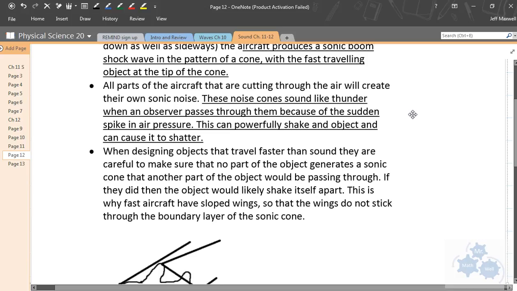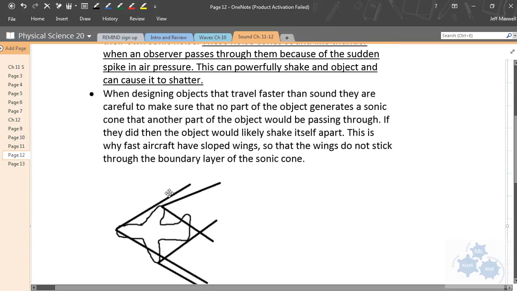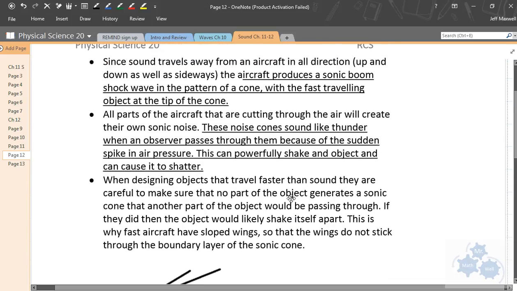So, remember when we saw those pictures of the aircraft, and it seemed like there were little conical shaped clouds forming on the wing edge? What this is saying is that the object and even the tips of the wings would cause their own little sonic booms, or those pieces of the plane would also be a part of this.